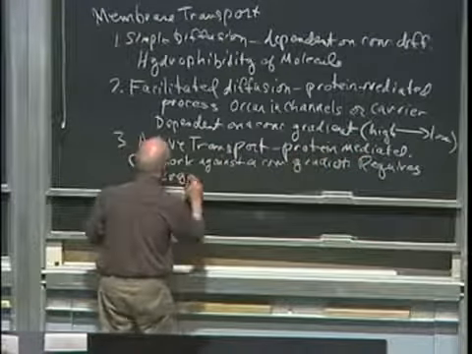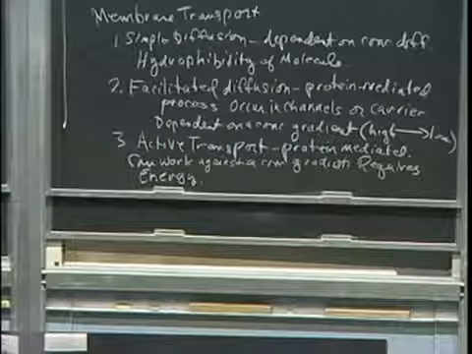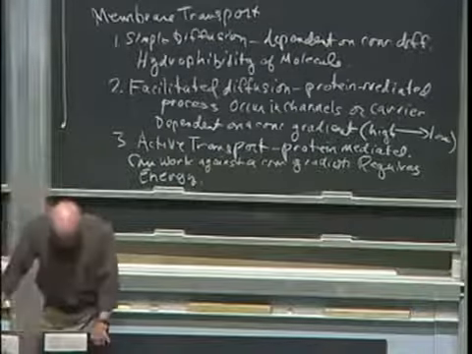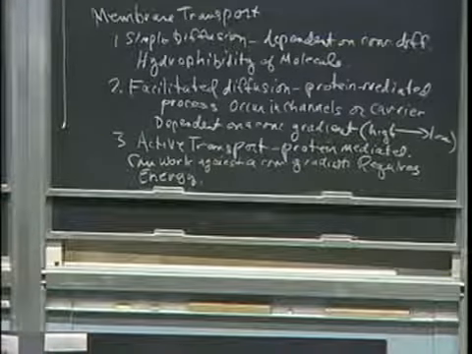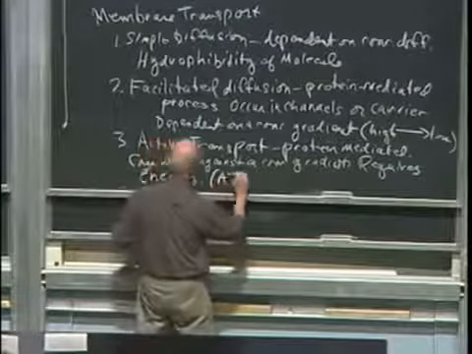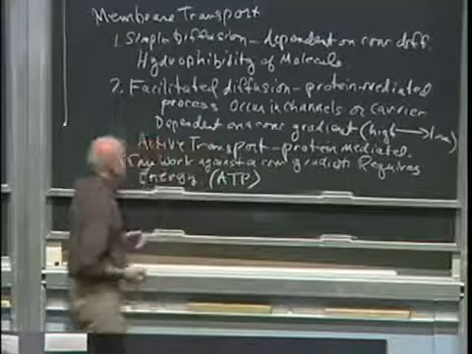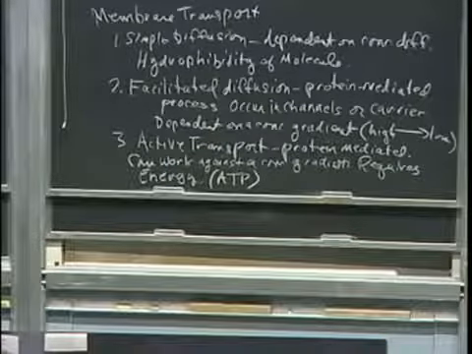It takes energy to move a molecule against its gradient. Generally, we have not talked about ATP, but generally the source of energy for these processes is this compound ATP, adenosine triphosphate, which we will talk about in more detail.